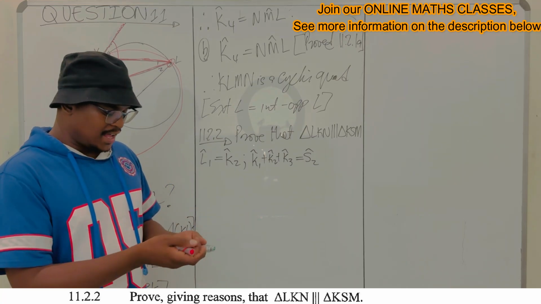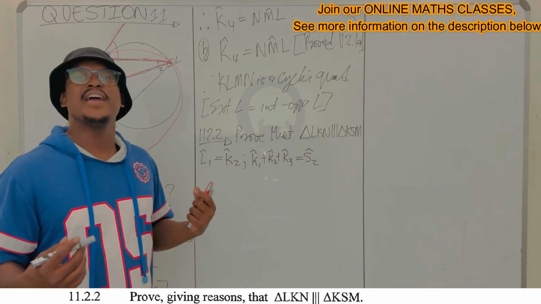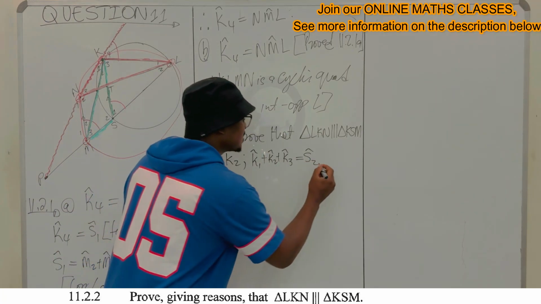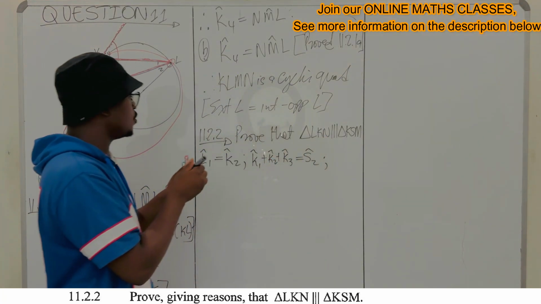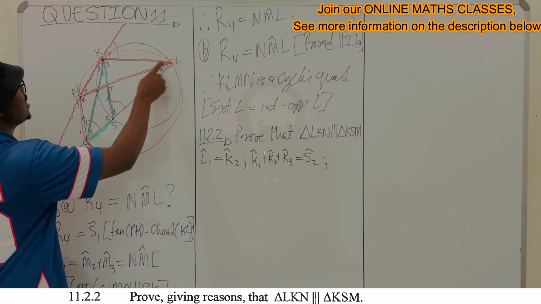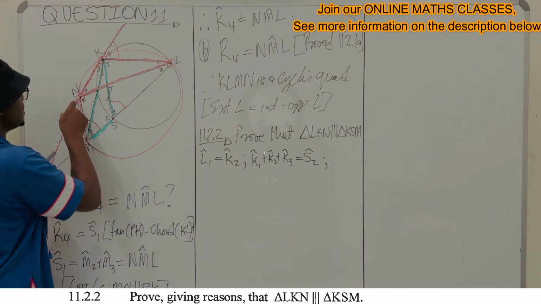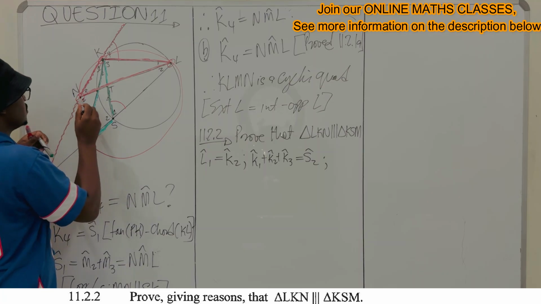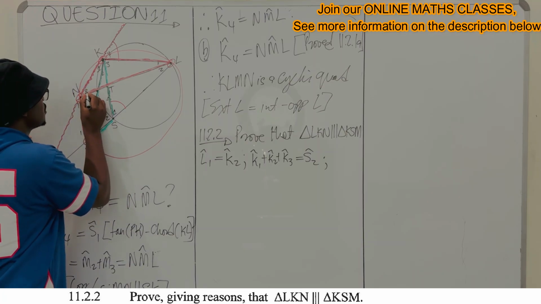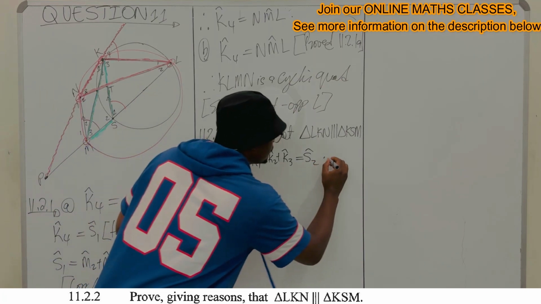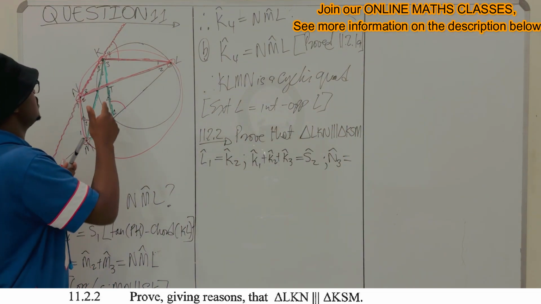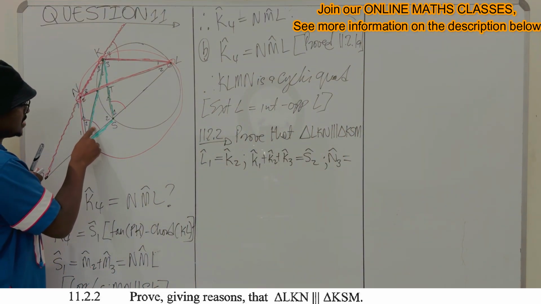Now, the third one that you might not need to show if you have shown this is angle N of the first triangle. Where is the first triangle? It's the red triangle LKN, which is your N3. This is 1, 2, 3, so this should be 3. Angle N3 is equal to angle M of the second triangle. The second triangle is KSM, so here is M3.